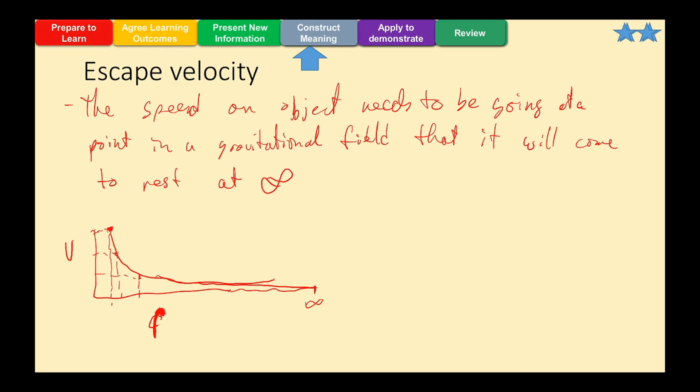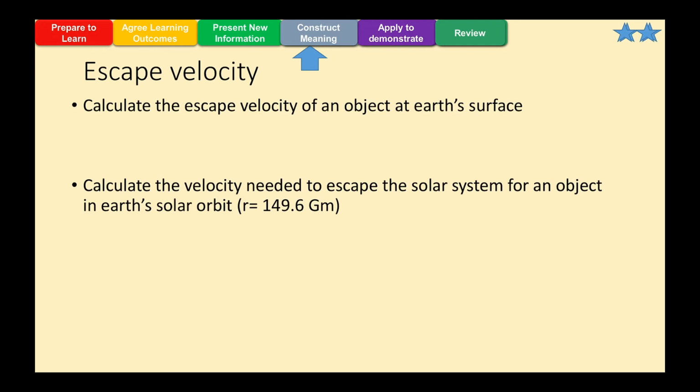Okay, so we need to look at gravitational potential for this and gravitational potential energy. So remember that gravitational potential is GM over r.